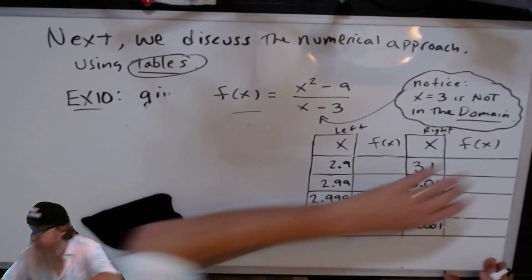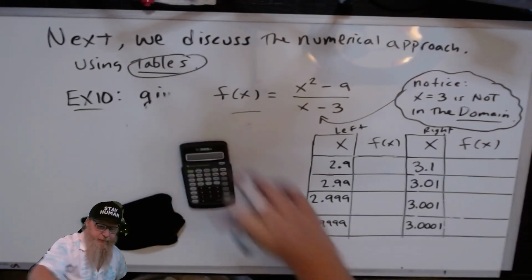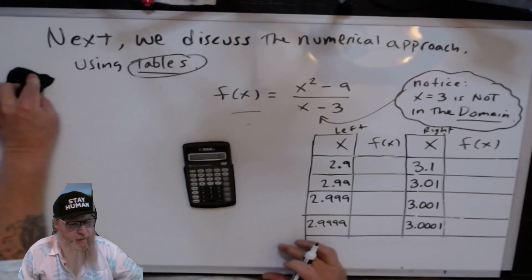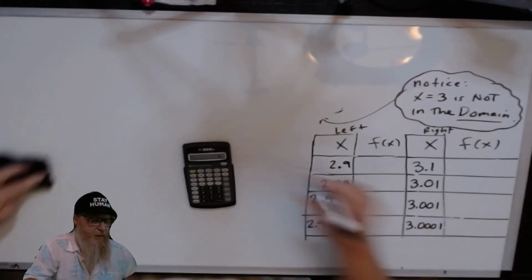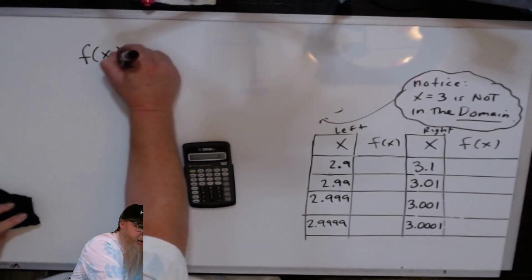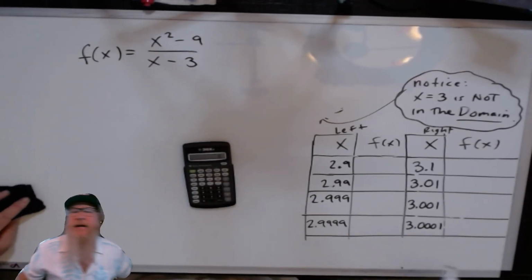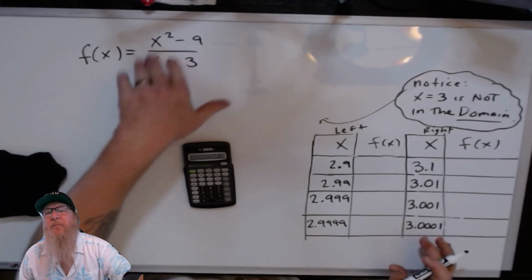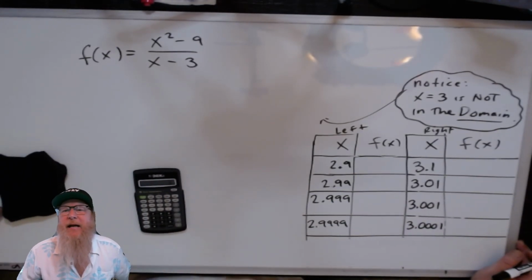Gonna need a calculator. So I've got f of x is x squared minus 9 over x minus 3. If you know some algebra, you could probably simplify this, but I'm intentionally not using any algebraic formulas or recipes or techniques today, so I'm not going to mess with this.